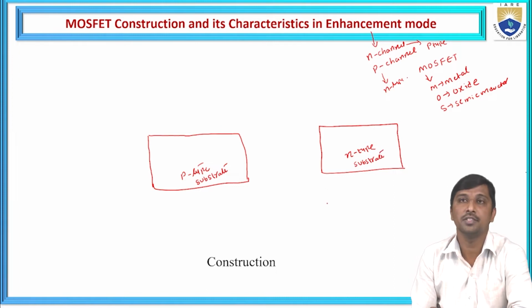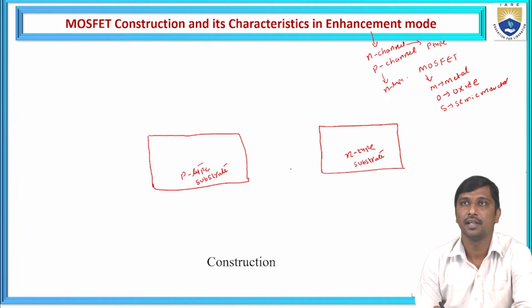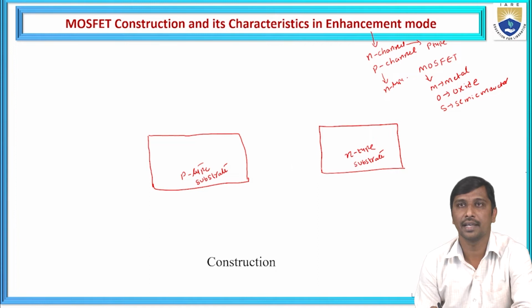These are the points to remember while constructing either an N-channel or a P-channel enhancement MOSFET. If you want to construct the N-channel enhancement MOSFET, we need to use a P-type substrate. If you want to construct a P-type enhancement MOSFET, we need to use an N-type substrate.